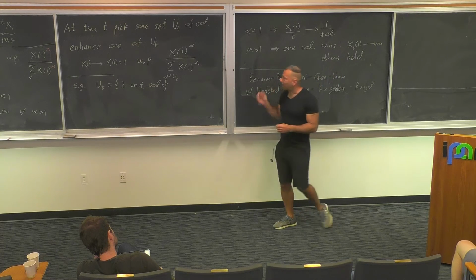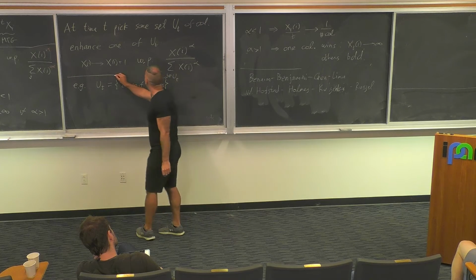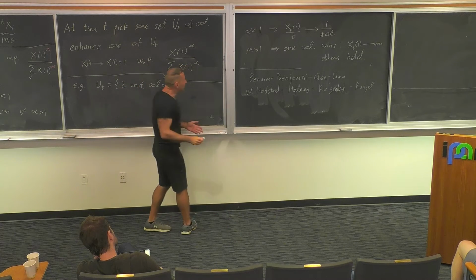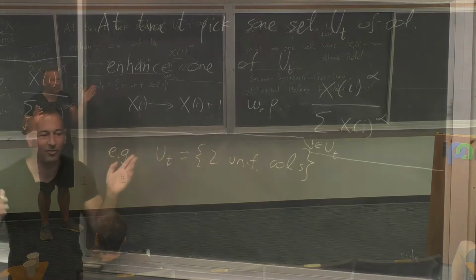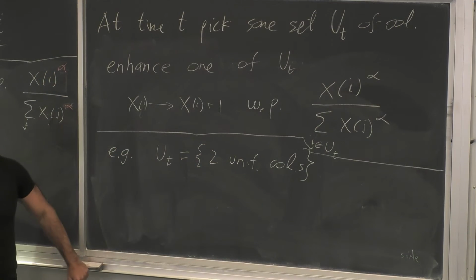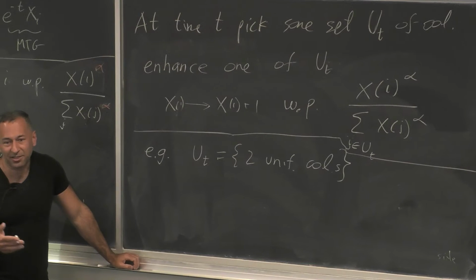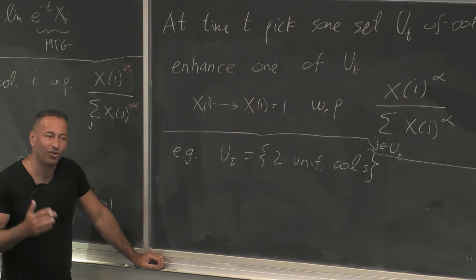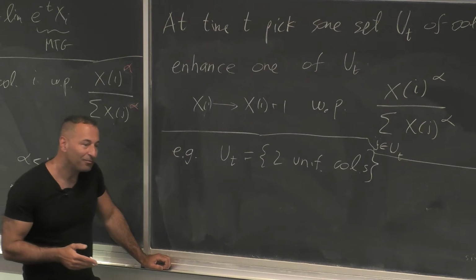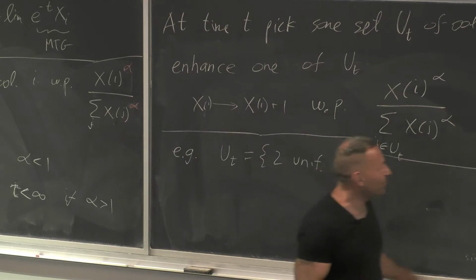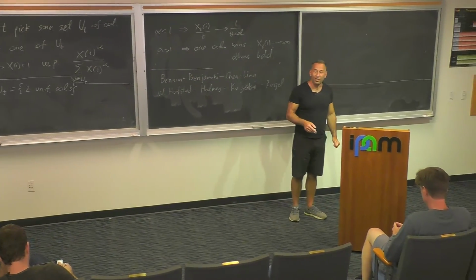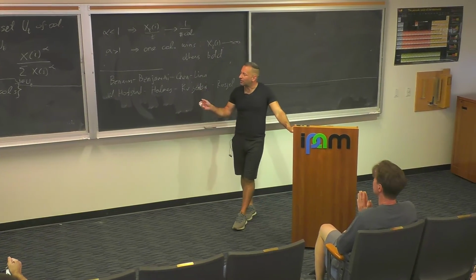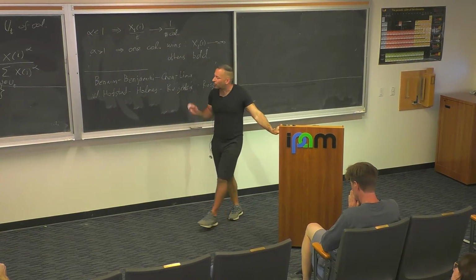But the most general framework is that you have some distribution on these sets U, and each time you pick from this distribution. There's a very large family of models that you can analyze here. There was the original paper of Benaim and others, which was on this version where you pick 2 colors, but not 2 uniform colors.